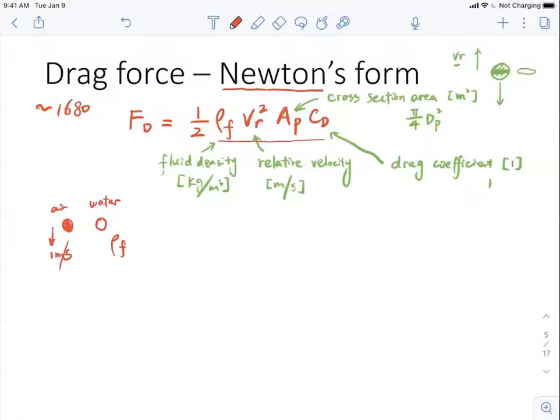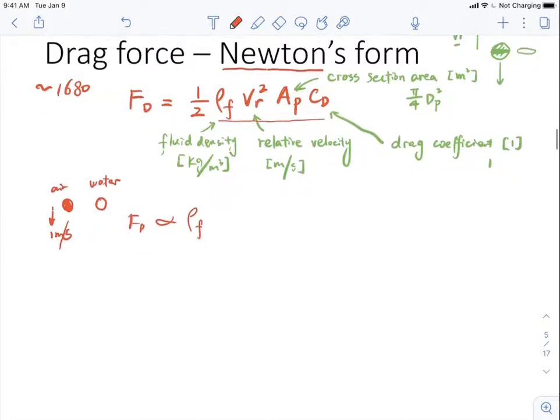This is because water is so dense that it prevents the relative movement of this particle. So this means that the drag force should be proportional to the fluid density.